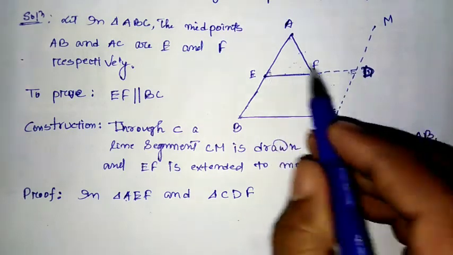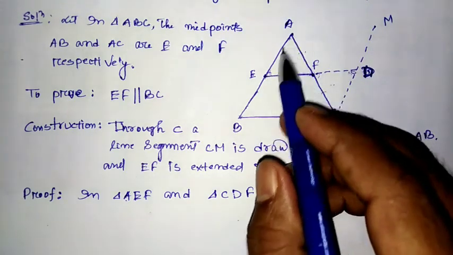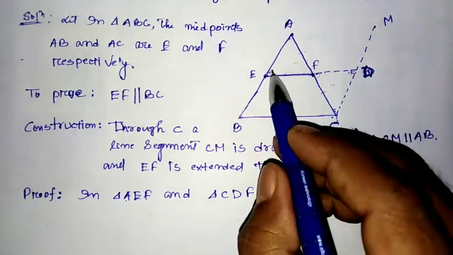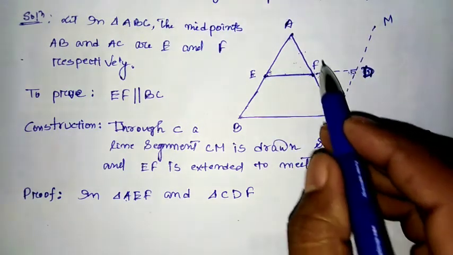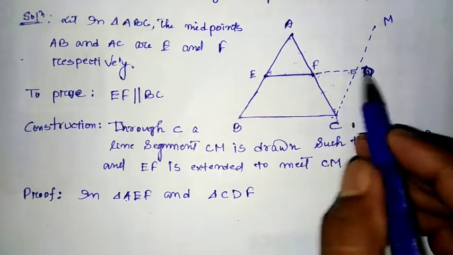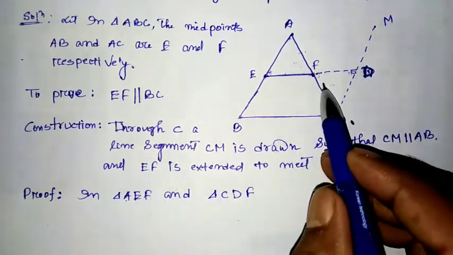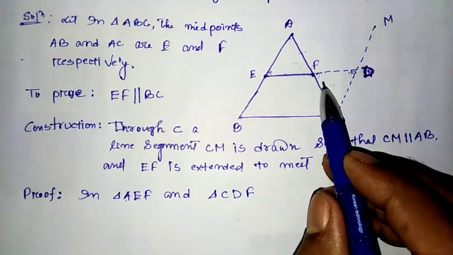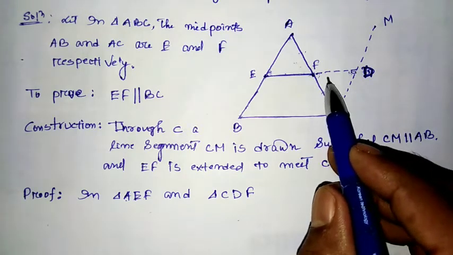Because they are alternate. So after A I have considered E, and after C I have to consider D, because E and D are equal. And the last one is the same, F. Order is very important in case of similarity and congruence of triangles.